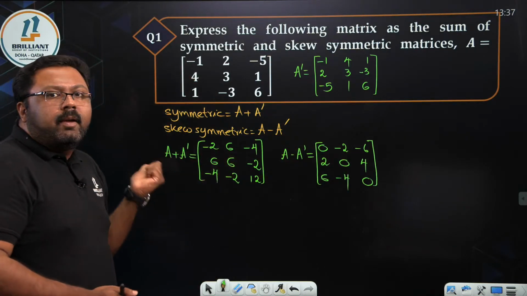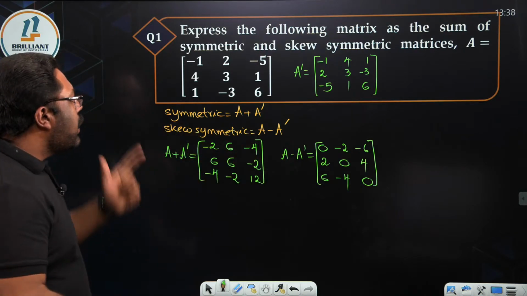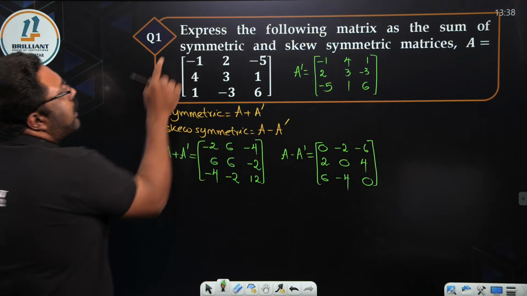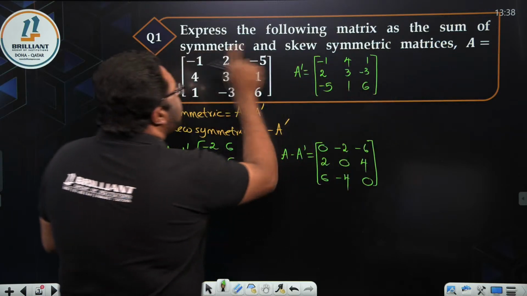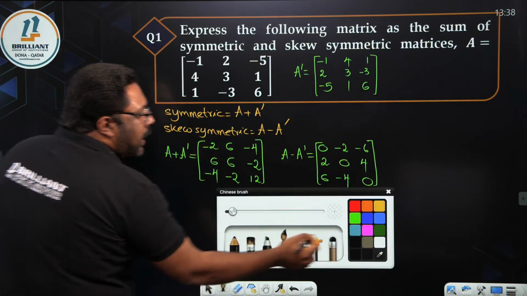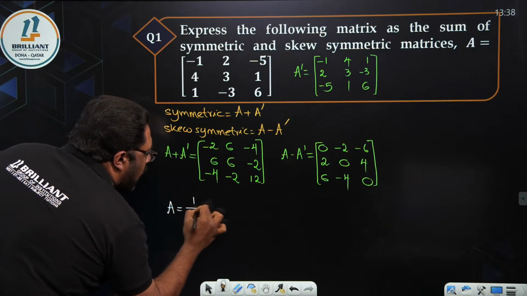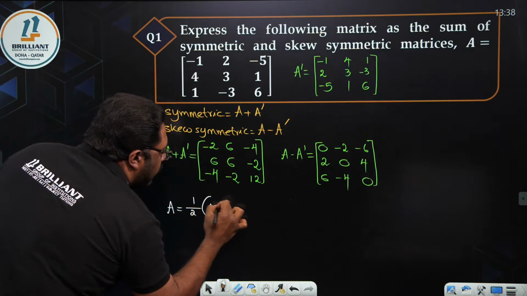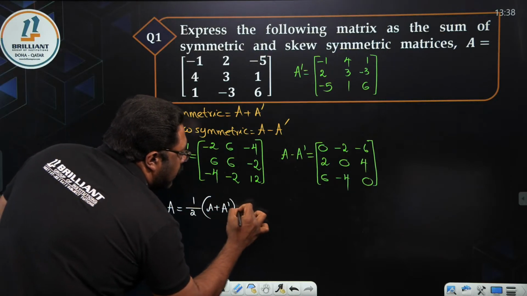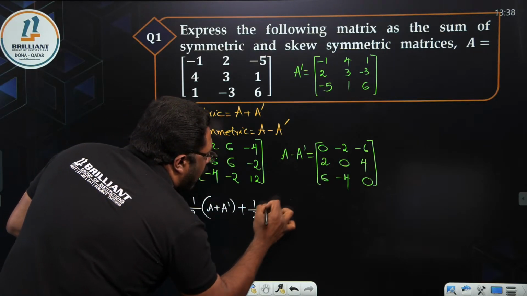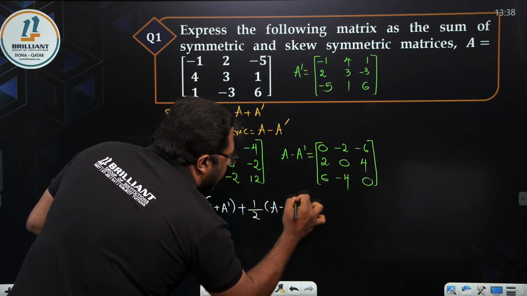So the idea is A plus A dash, A minus A dash. Now how to write this given matrix as the sum of these two? The idea is very simple. A can be expressed as half of A plus A dash plus half of A minus A dash.